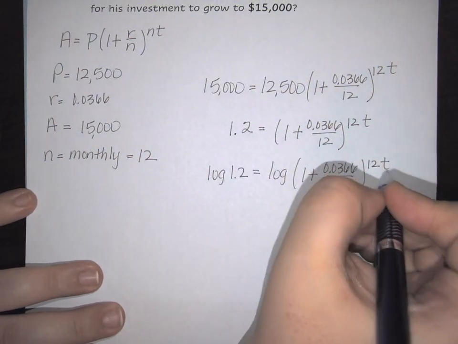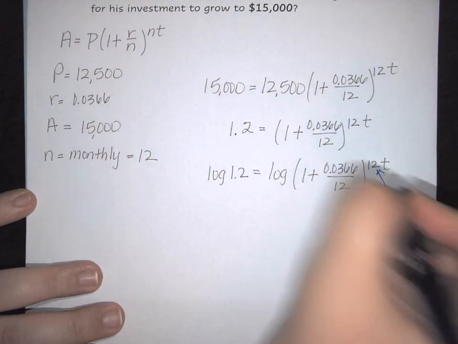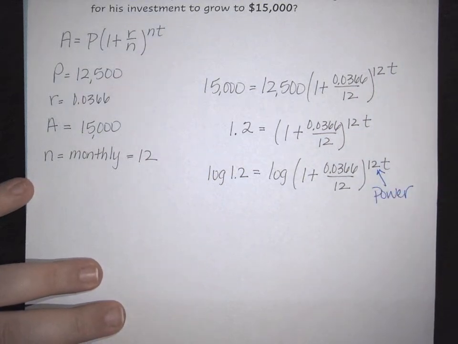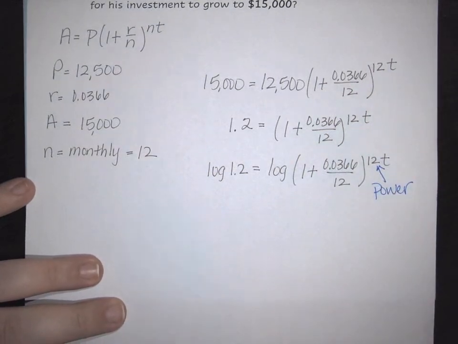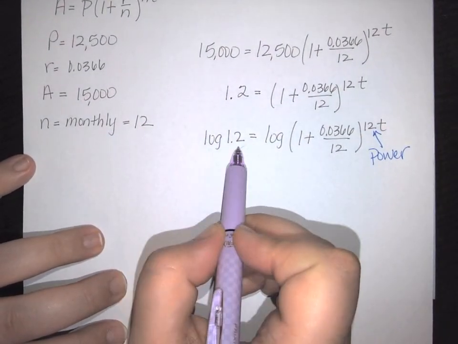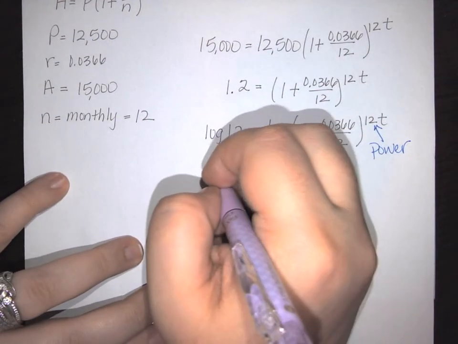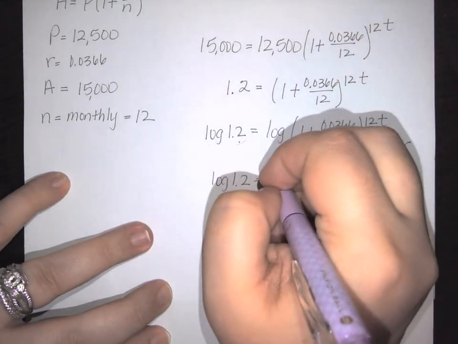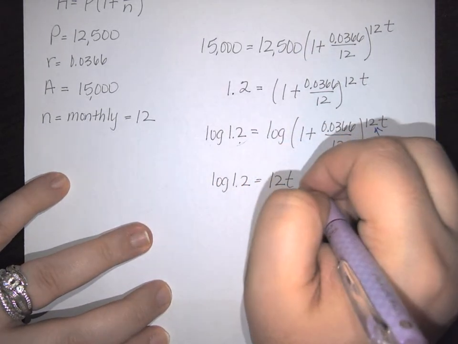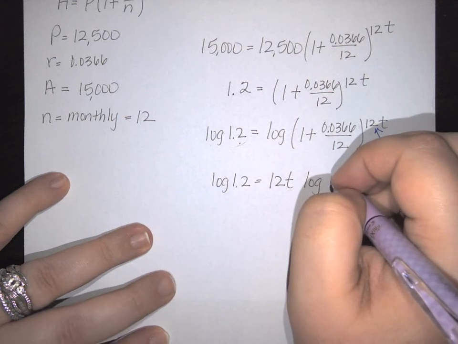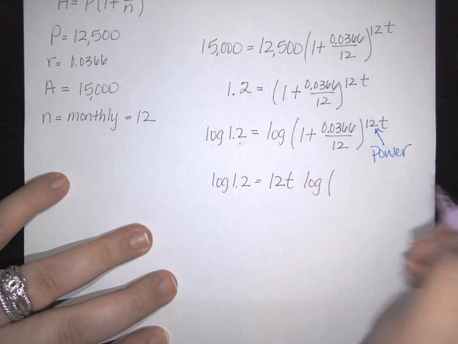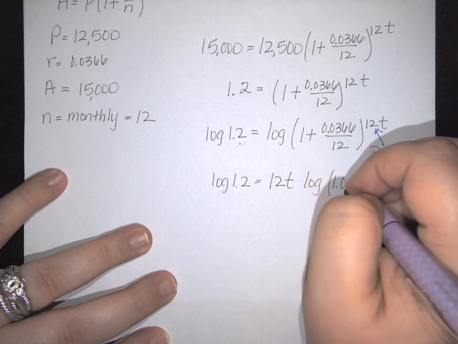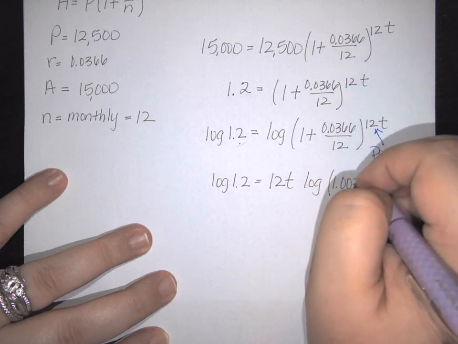We then have this piece right here, which is the power rule. And so here I'm going to leave the log of 1.2 alone for the minute. So this is still the log of 1.2 is equal to 12t log of the stuff. And if we were to work out the stuff, you should come up with something close to 1.00305.